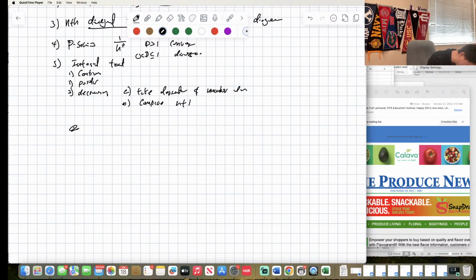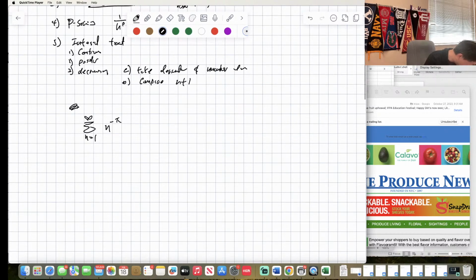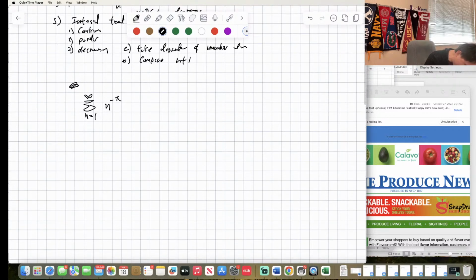So first of all, I'm going to give you the series sum from n equals 1 to infinity of n to the negative pi. Can you tell me if this series converges or diverges? Okay, second one, sum from n equals 1 to infinity of e to the 1 over n, over n squared.